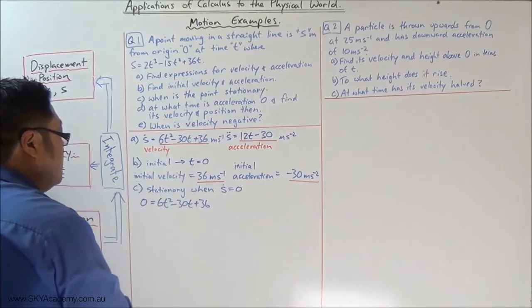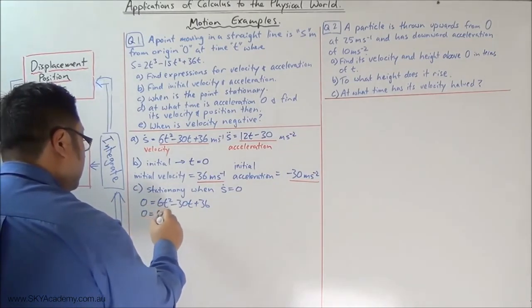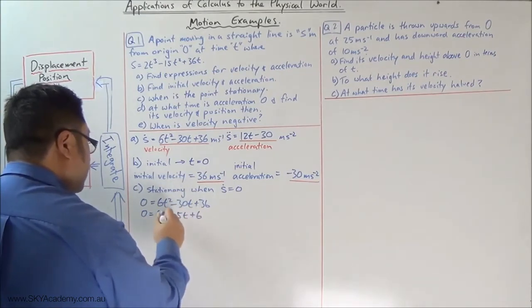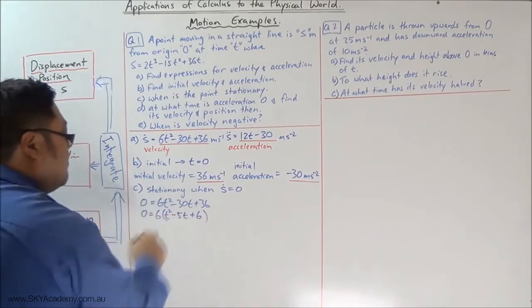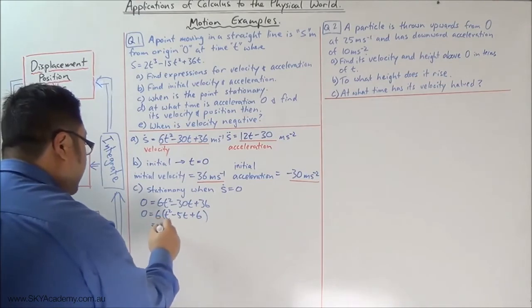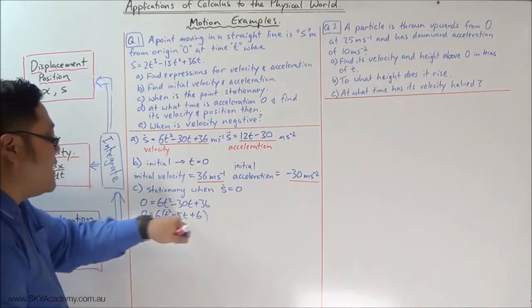Let's factorize. So it's 6 outside of t squared minus 5t plus 6. Now that becomes t, we can factorize that, okay?